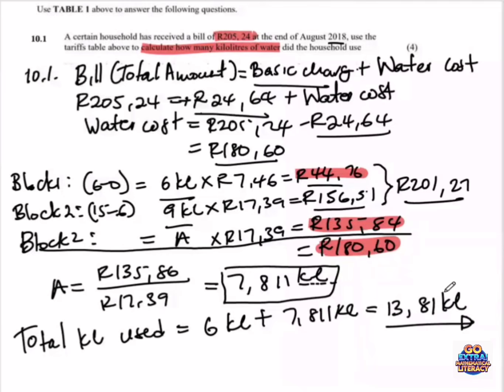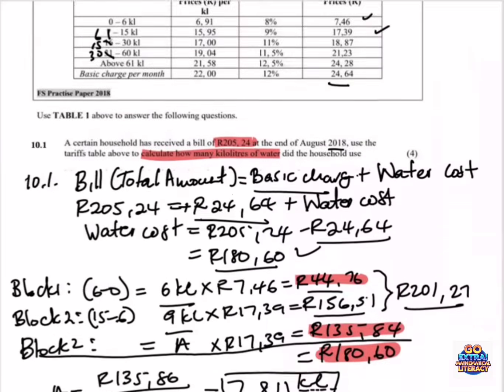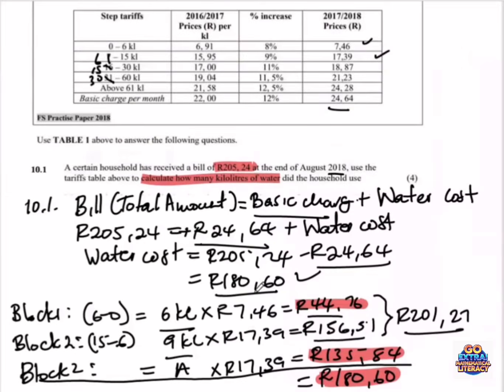If you want to verify this answer, remember this is a water cost. It was 180. You can start again, use this amount here, 13,81 kiloliters, and use the tariff above and check if it gives you this 180.